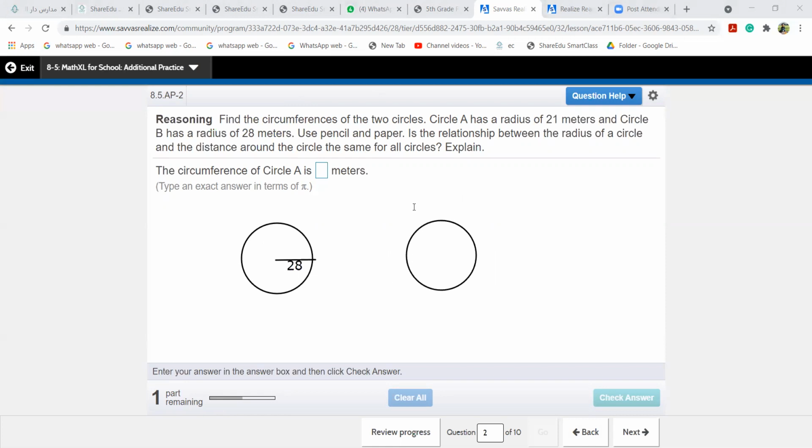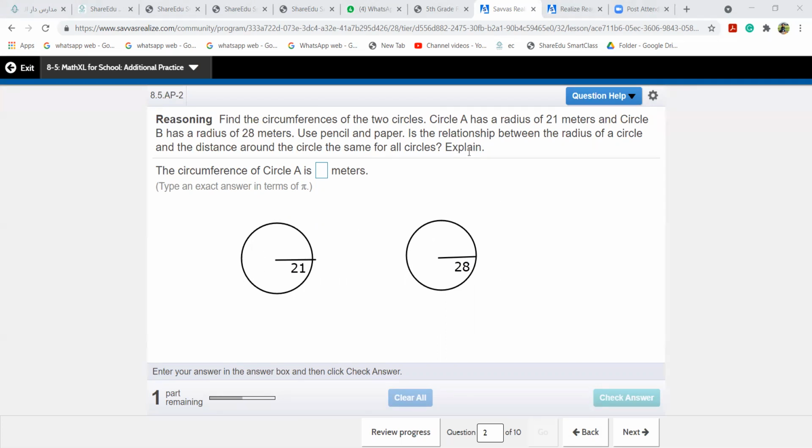And in the second one, sorry, the radius is 21. This is 21 and this is 28. Okay, 21 and 28 meters.